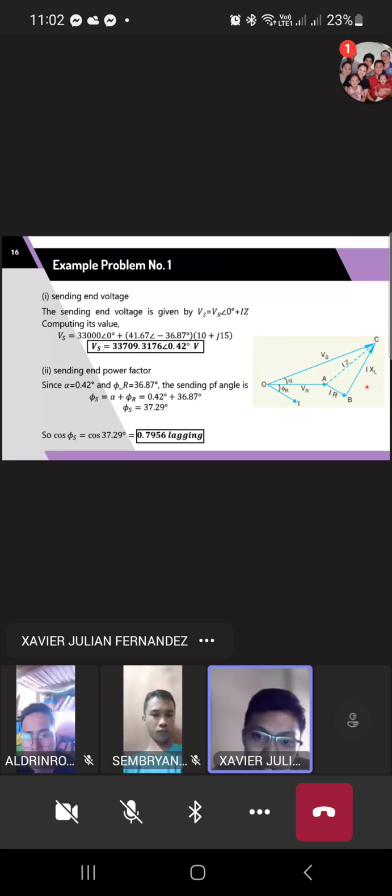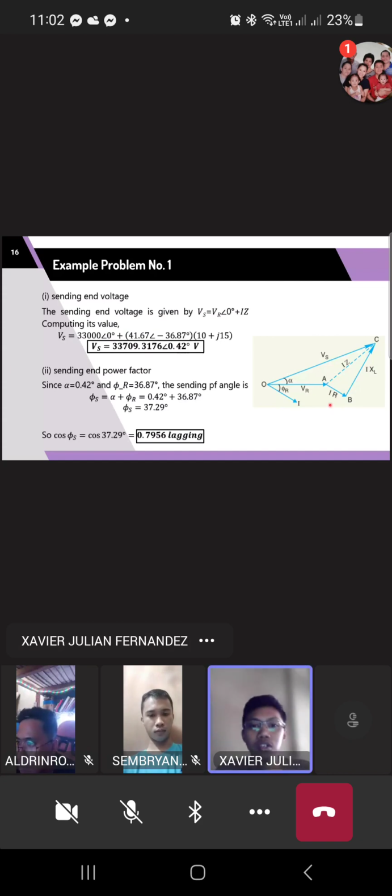Right triangle. Okay? So this is a right triangle. Next, you draw the sending end voltage.